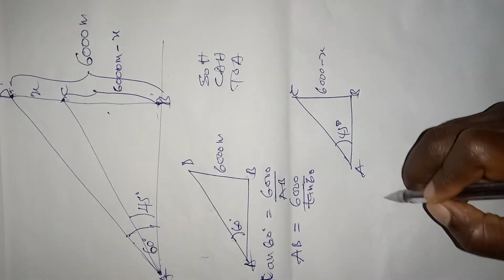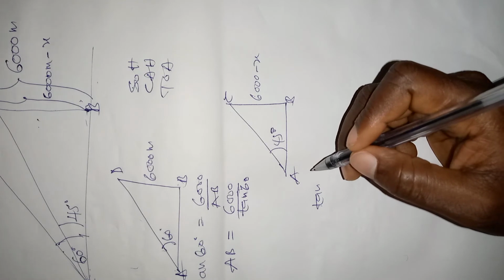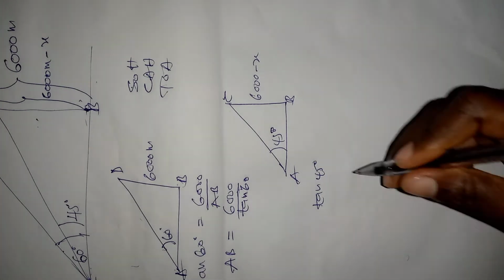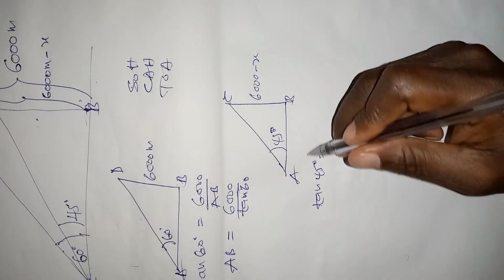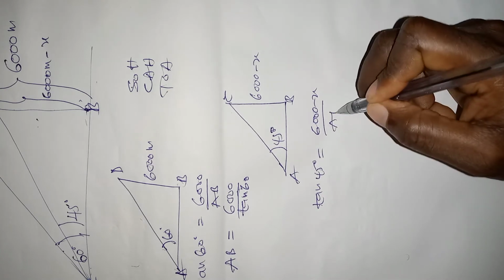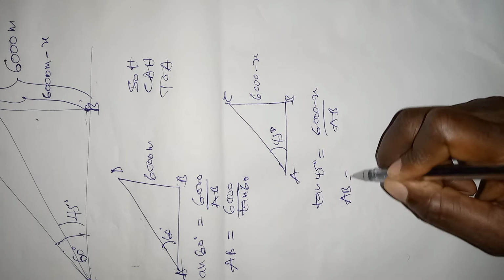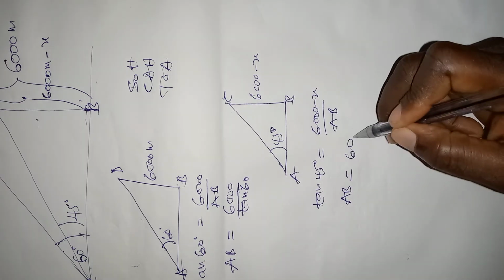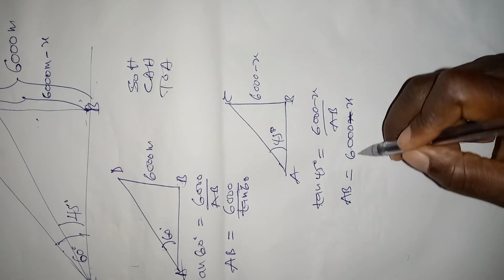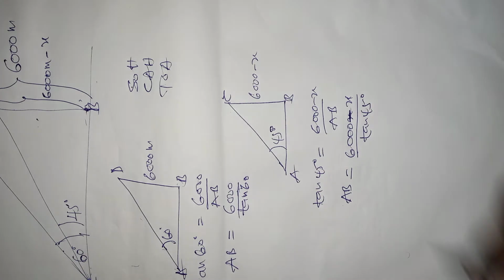So using the trig ratio tan, we have tan 45 degrees equal to the opposite, which is 6,000 minus x, divided by AB. So we can again say that the length AB is equal to 6,000 minus x divided by tan 45 degrees.